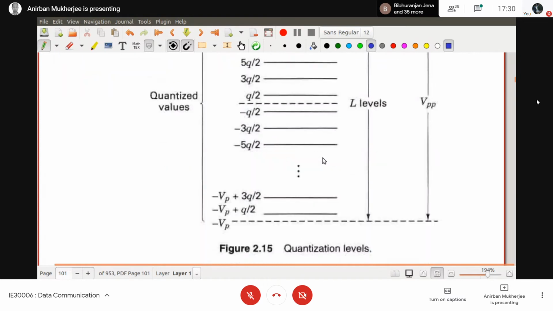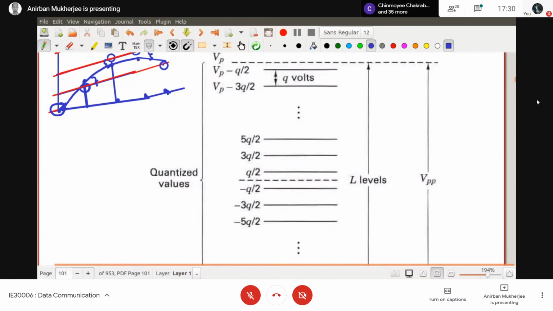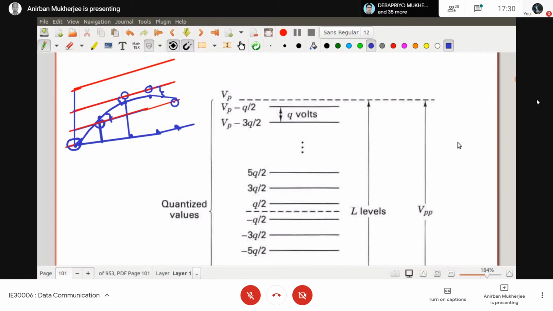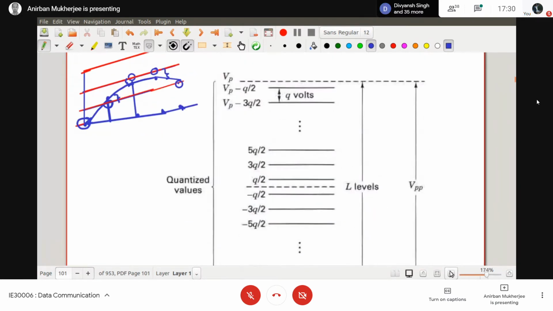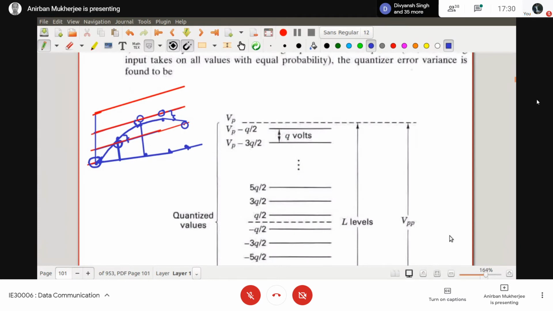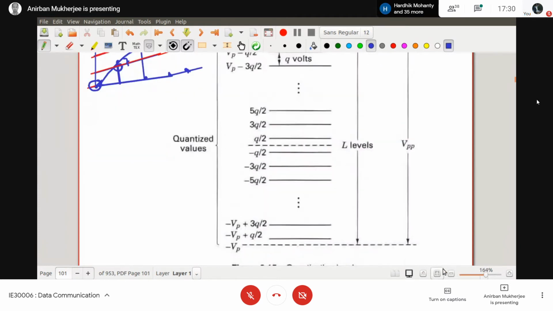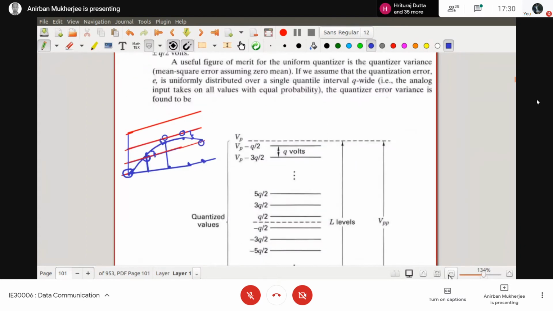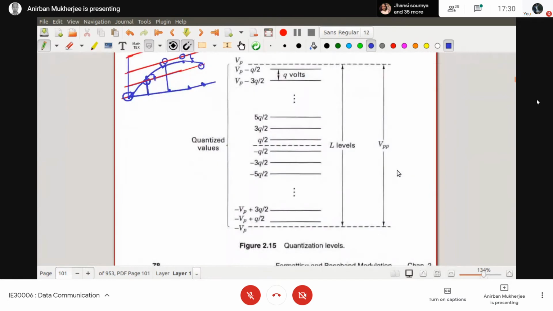Now say I have a signal, and this is the overall signal's dynamic range.